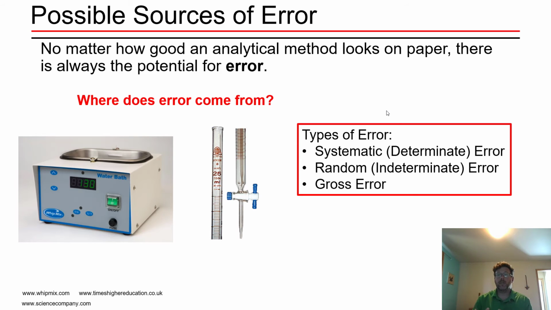Gross error is avoidable, and the sooner that young scientists develop good experimental habits, the easier it's going to be to make that transition into a professional science capacity where you know that everyone can trust the data that you're generating and you're designing the best experiments you possibly can.